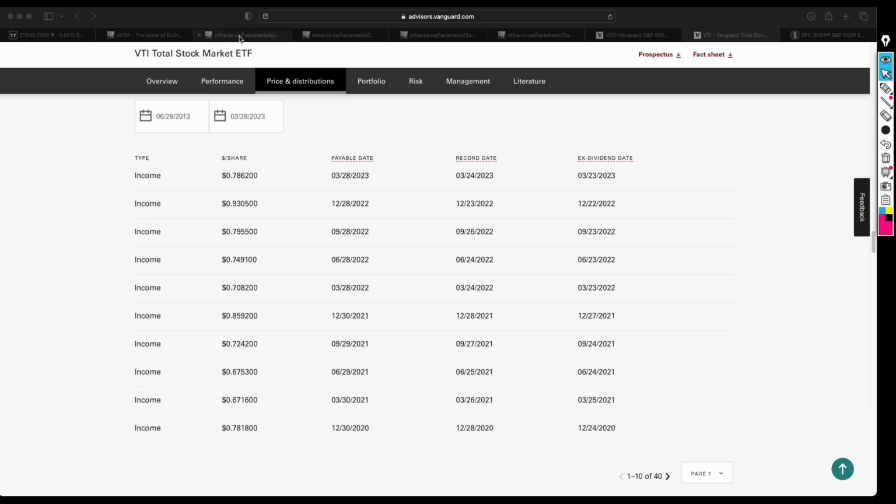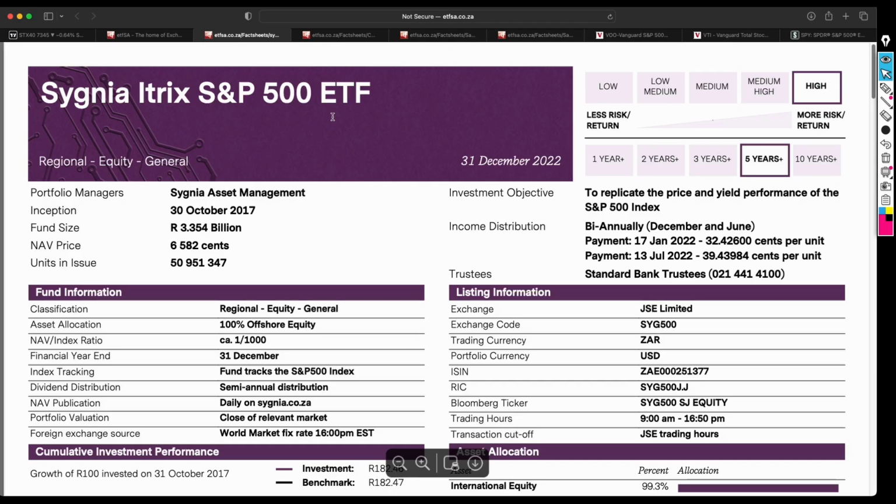Now, what can you do if you want to invest in an S&P 500 tracking ETF but using a South African rand, meaning that this is available either on your tax-free savings account or on your normal South African rand account? We've made a video looking at different S&P 500 ETFs that you can buy on the JSE.